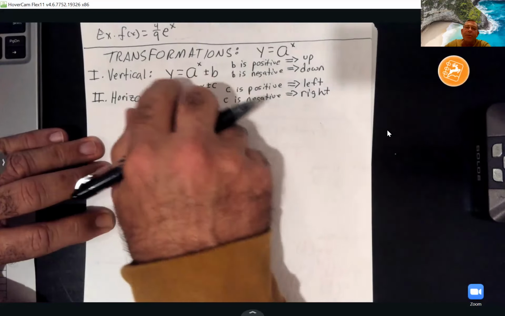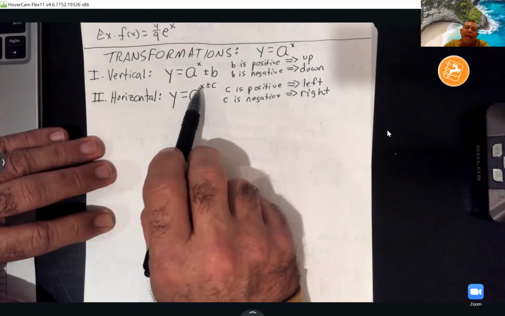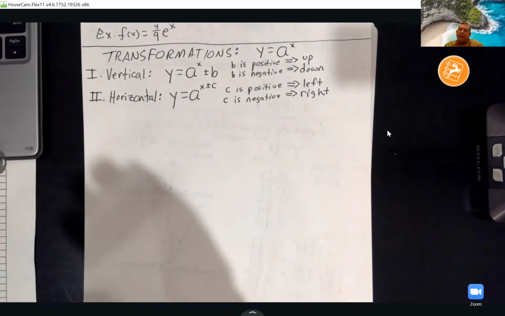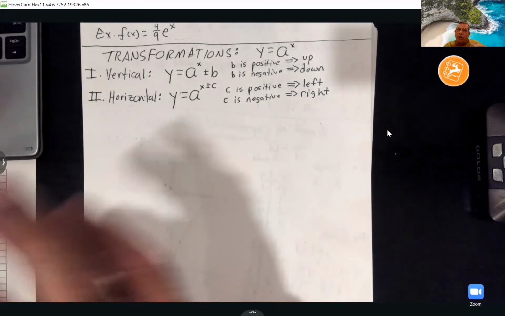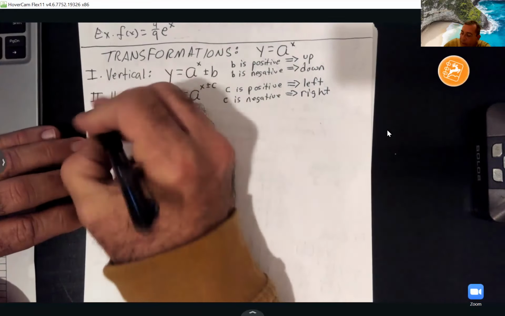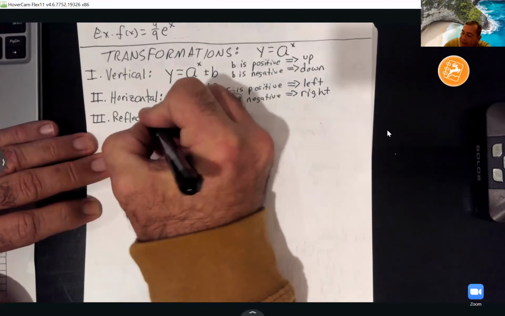Okay, so these are pretty much the same as they were in 7.2. It's just now your x is an exponent, and it's not something being squared or cubed or something like that. All right, y'all, I'm still going to reflect it over the x-axis.